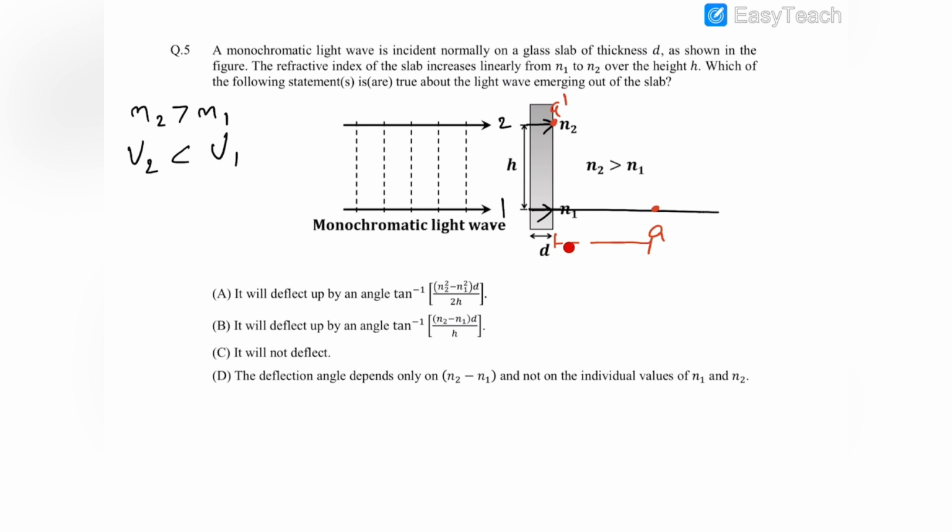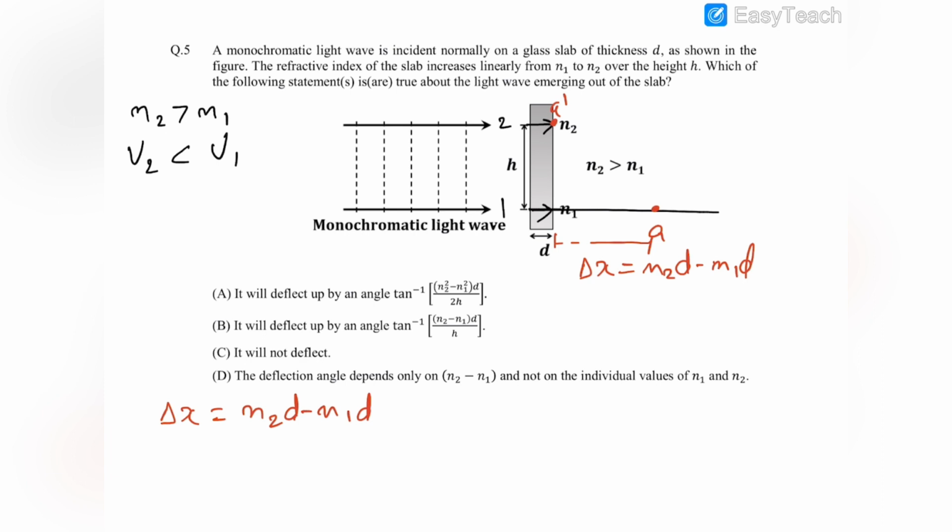should be the path difference, and the path difference delta x should be equal to the difference of optical path lengths. So the difference of optical path lengths will be n2d minus n1d. So delta x is n2d minus n1d. And therefore, we can say that this point A and A dash would be points which have the same phase.